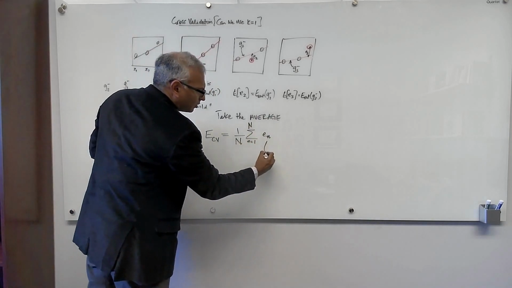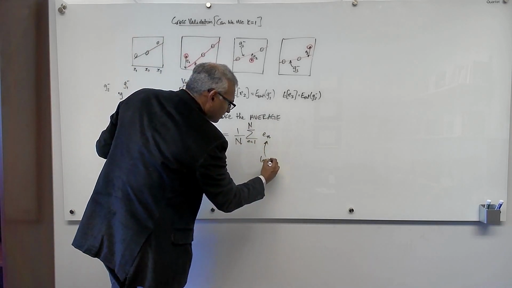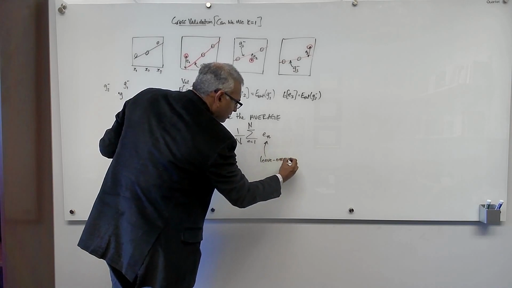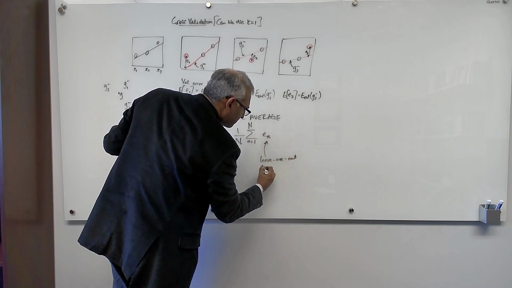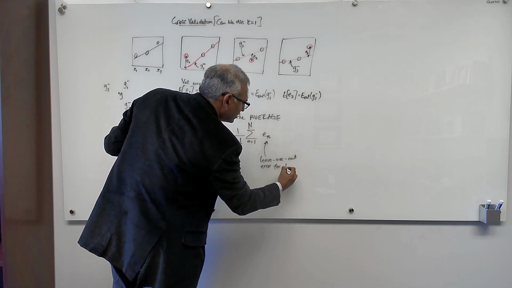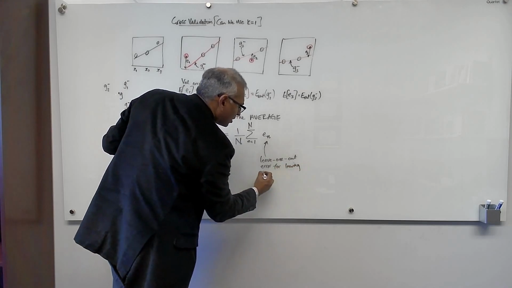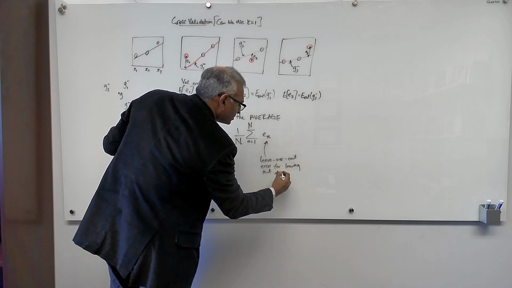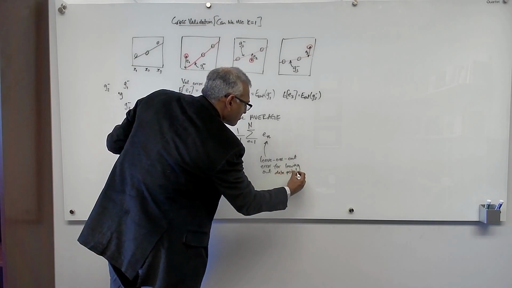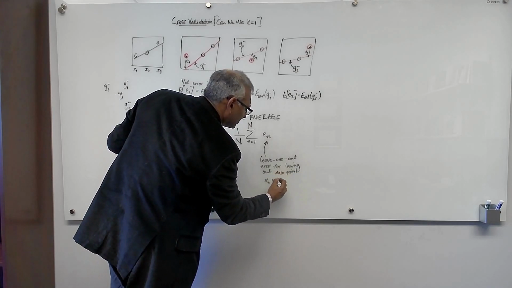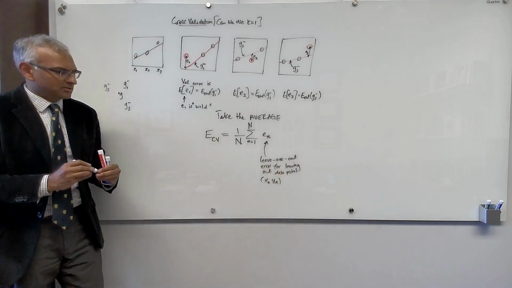So this is called the leave one out error for leaving out data point xn, yn. So it's the leave one out error.